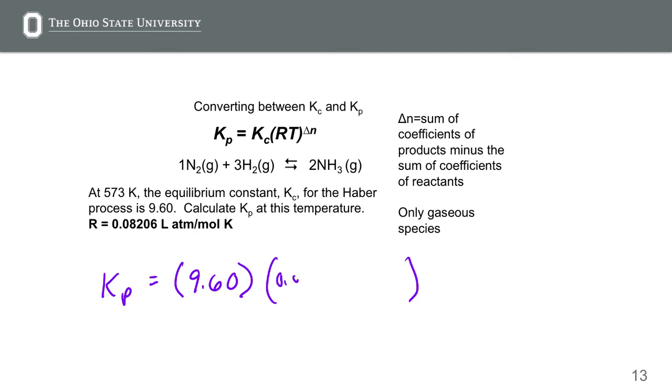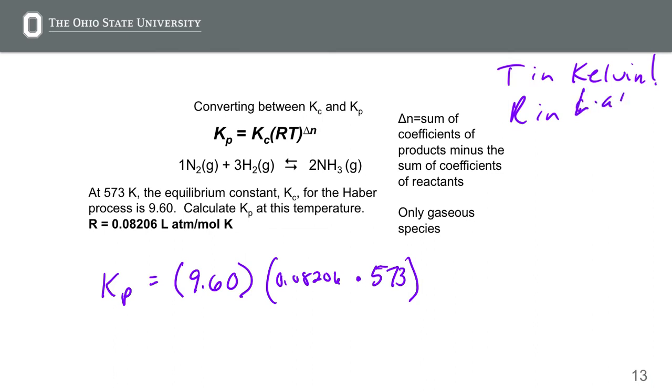So we'll have 0.08206 times our temperature in Kelvin. That has to be in Kelvin, 573. But the tricky thing here is the delta n.